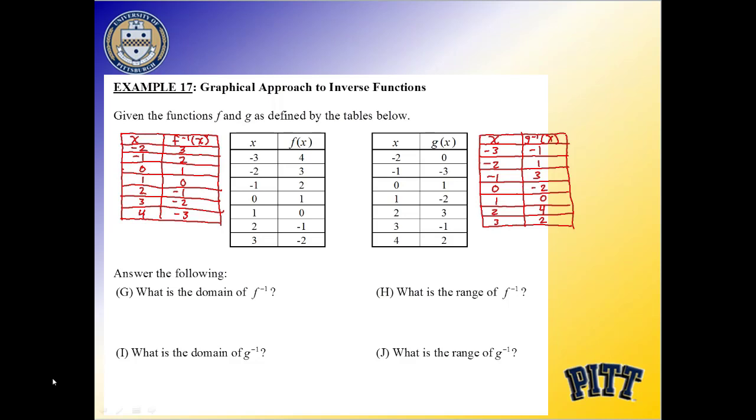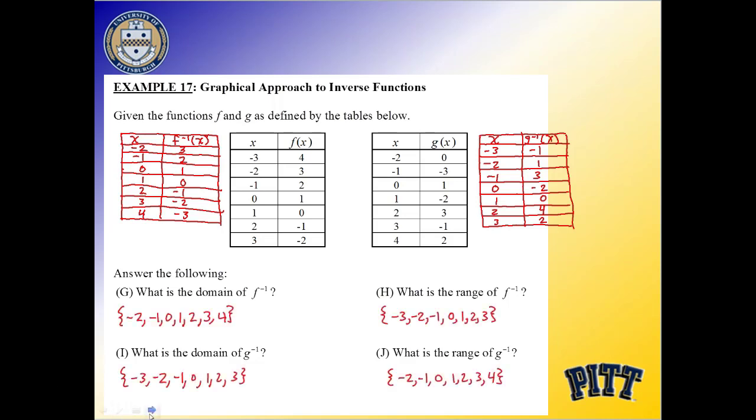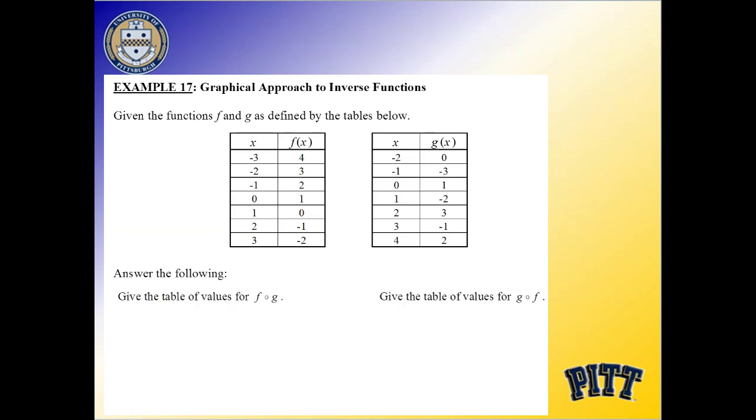And I can see it runs from -2 to 4, again listing the numbers. Very similar to what I did in the first four instances when I was looking at f of x and g of x. If I do f of g of x, if these were in fact inverses of each other, then I would expect plugging in -3 would get me back -3 when it was done.